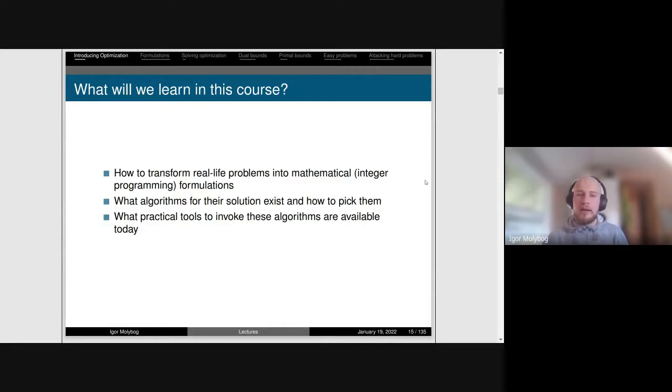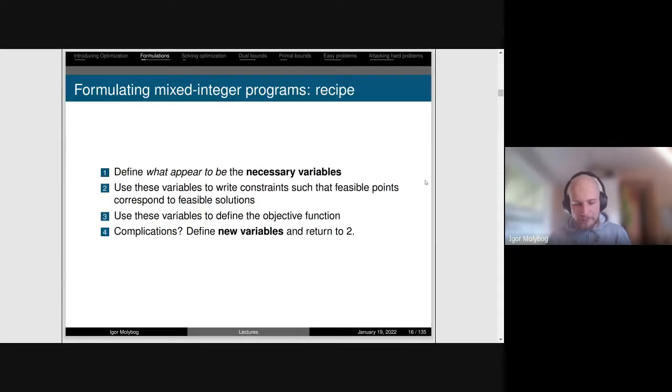I really hope that it will deepen your understanding of the subject. So this is what the course is going to be like. Let's start with the first part, formulating mixed integer programs.